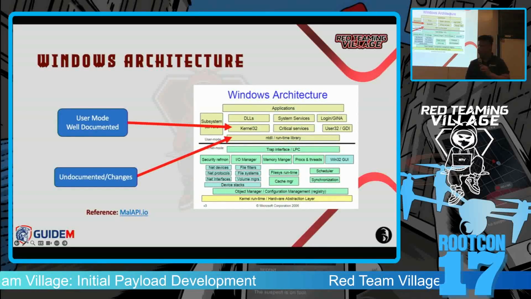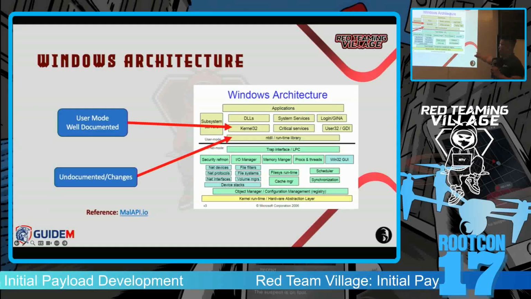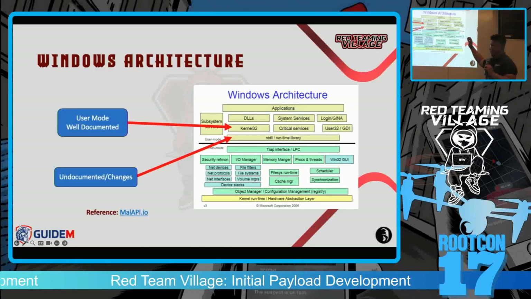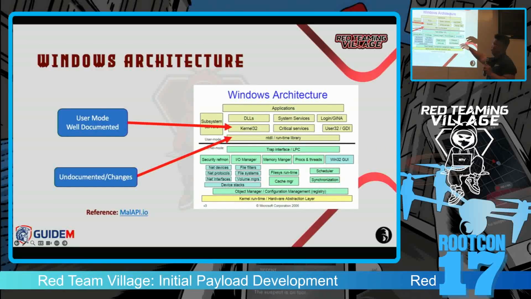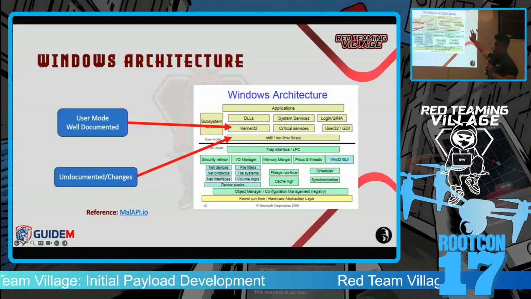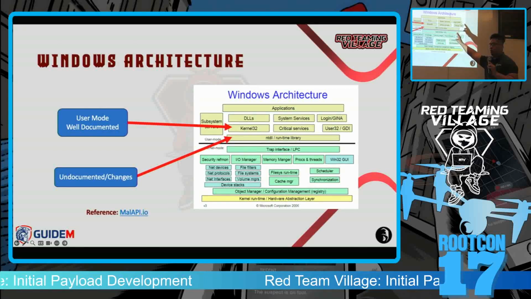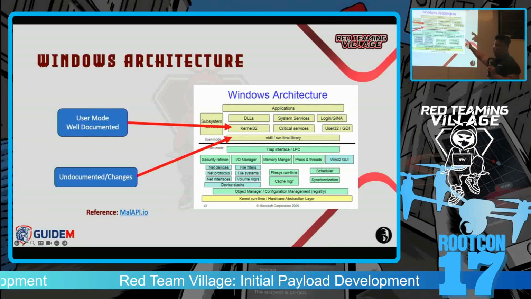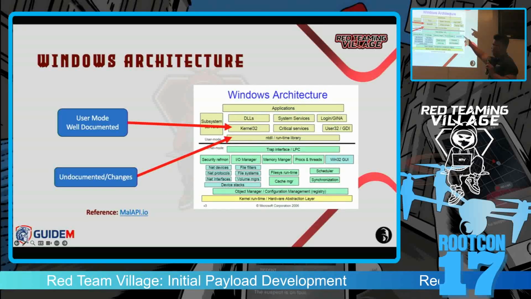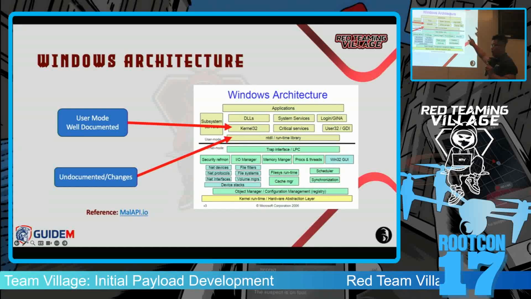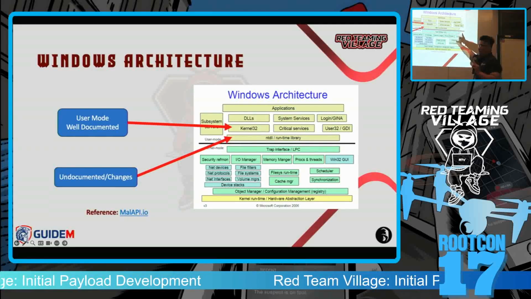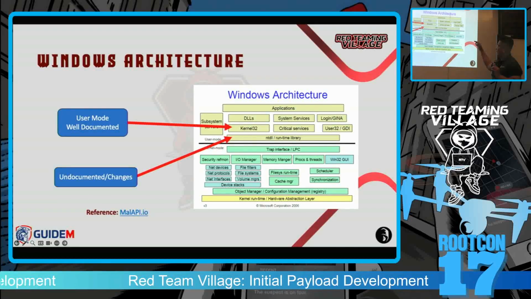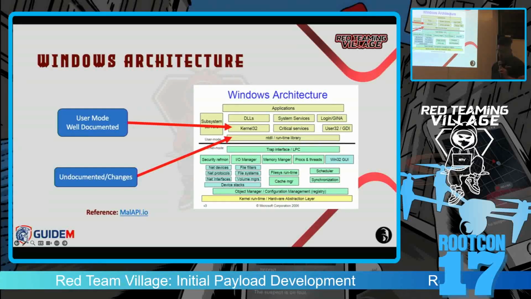So, a brief introduction to Windows architecture. We have user mode and kernel mode. When an application runs, it uses kernel32, which is the Win32 API. The kernel32 Win API actually accesses functions inside NTDLL, so the lower level gets accessed by kernel32.